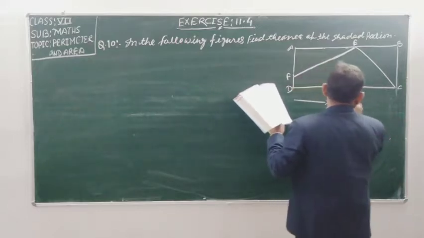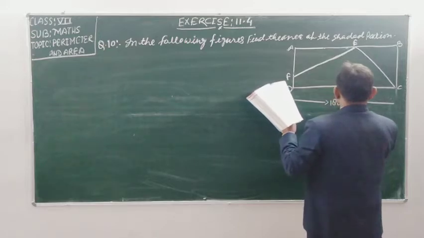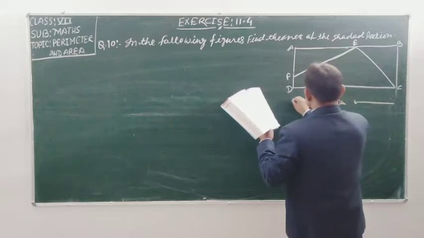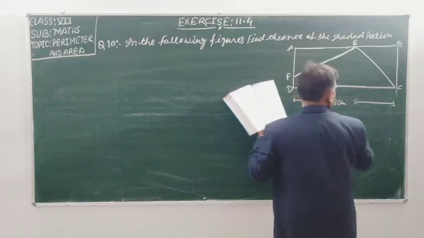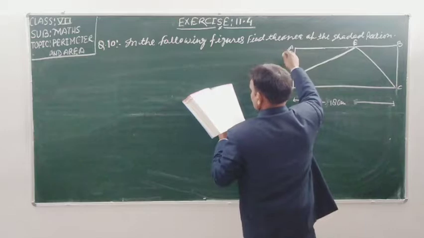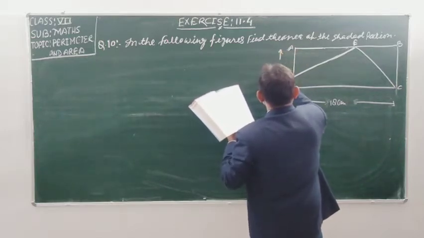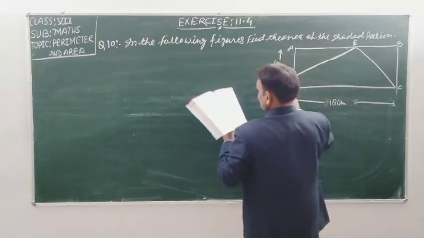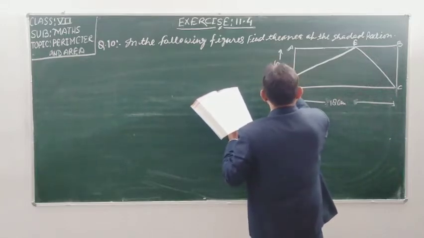Distance DC is equal to 18 centimeter, and this is also 18 centimeter. AF is equal to 6 centimeter, and FD is equal to 4 centimeter.